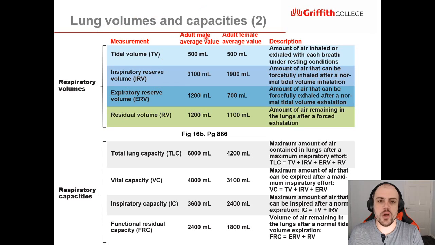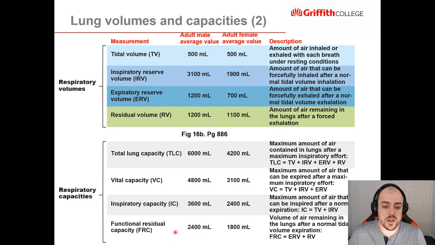Now, in terms of our average volumes, there is only one I want you to know, and that is tidal volume. On average, it is around 500 mL. That's it. I don't want you to learn the rest of these. I'm not overly interested. The reason is that it varies so much from person to person.